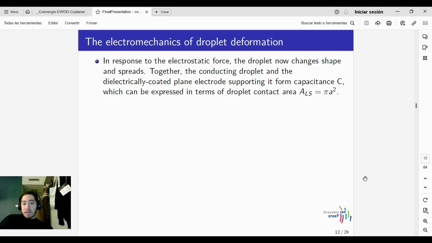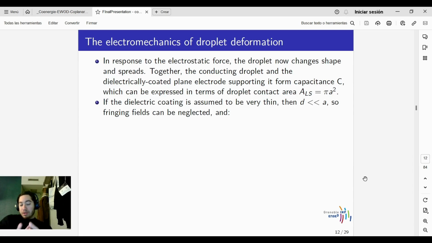In this case, we're going to consider that the droplet will behave as a capacitor together with the electrode, or with the dielectric. We analyze the part of the droplet that is in contact with the surface of the electrode. It's going to be called ALS, and again the droplet is going to be considered as spherical.